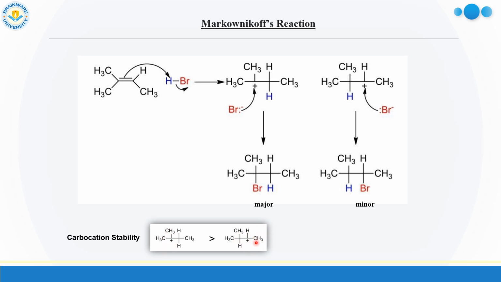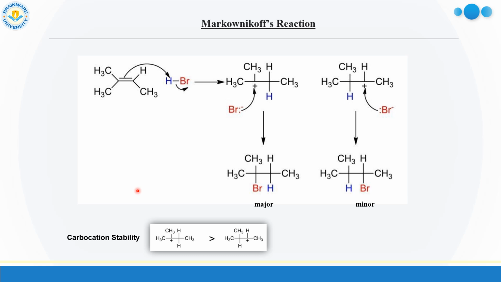As we know, the carbocation stability order is tertiary more stable than secondary, then primary. The reason is that the tertiary has 3 methyl groups, giving a 3 plus inductive effect, so it will stabilize the carbocation more as compared to secondary.